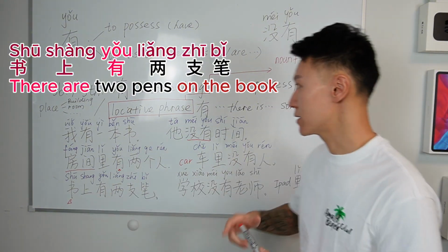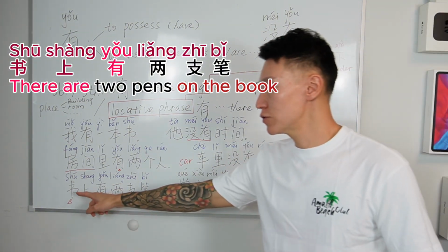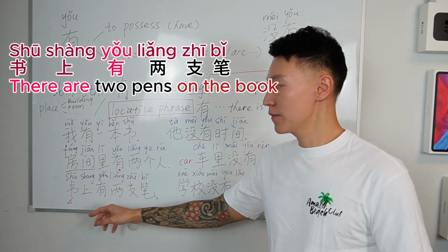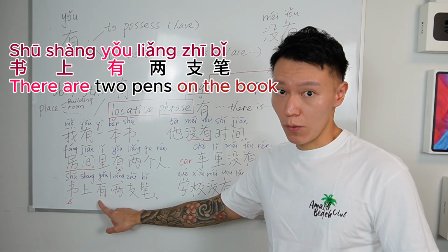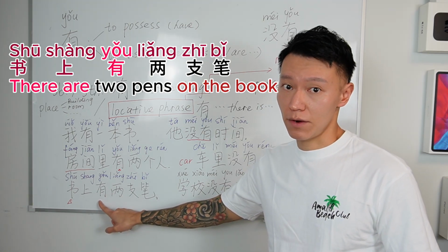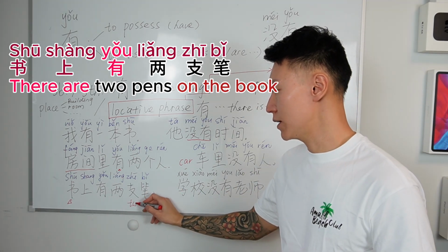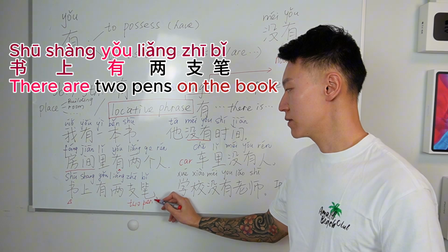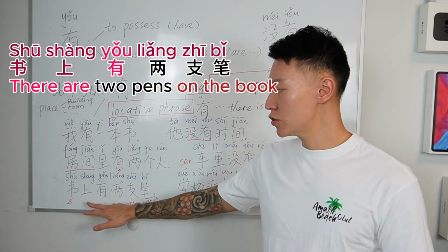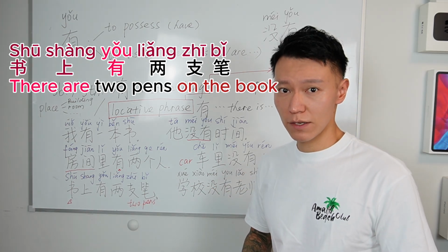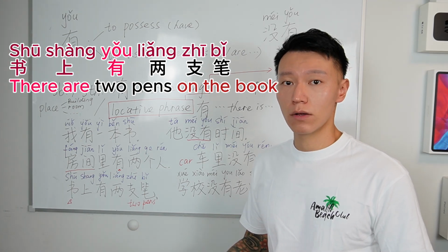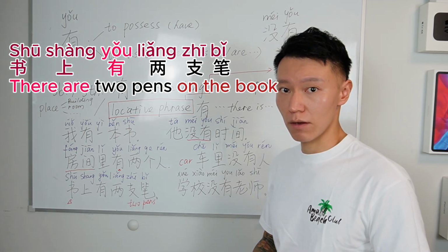So we have 上 that is on. So 书上 means on the book. And then we have this 有, then this 有 means there is, there are. 2支笔 means 2 pens. Okay, 2 pens. So you have the sentence 书上有2支笔. There are 2 pens on the book.